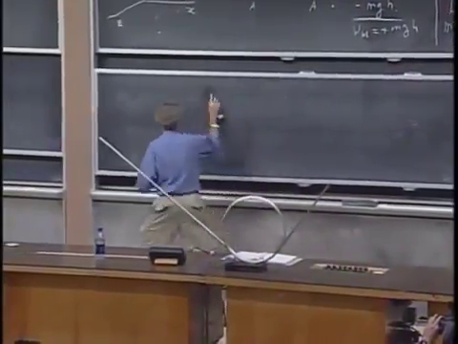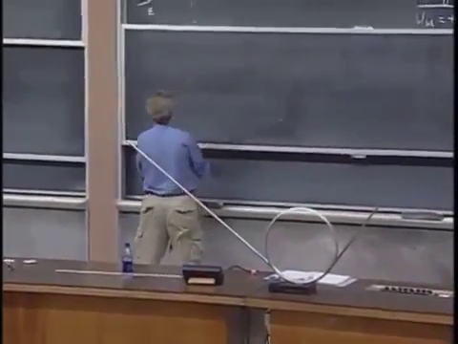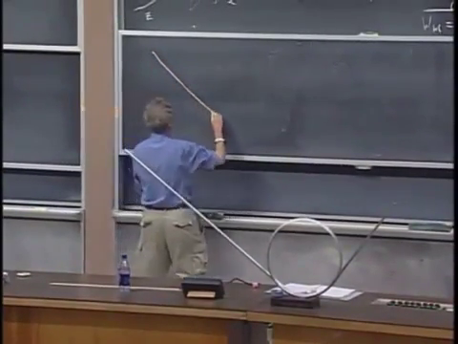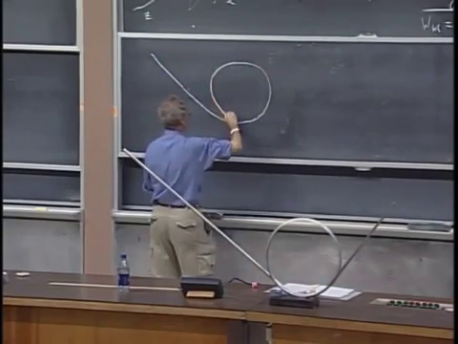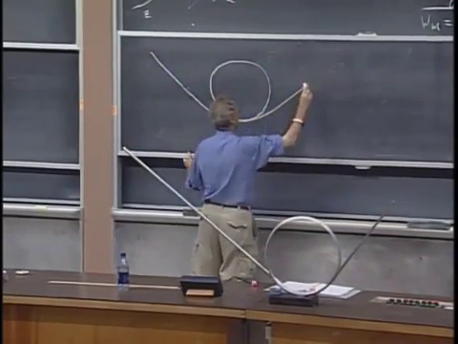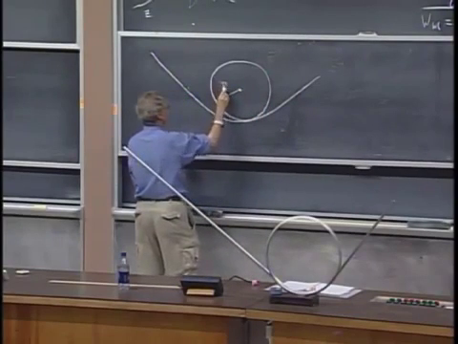Let's clean it a little bit better. Here is that roller coaster. This is a circle, and then it goes up again. So let the circle have a radius r.